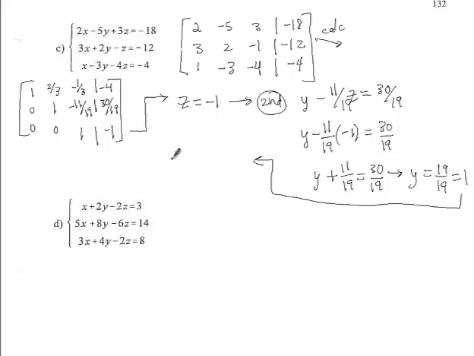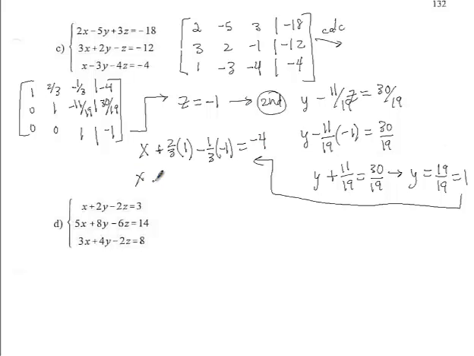A lot better than what I thought it was going to be. Okay. Now we take our y equals 1 and our z equals -1, and we put it in the first equation. So we have x plus 2/3 times the 1 minus 1/3 times the -1 for z. The -1/3 was in the 3rd column, and that's the z. So I multiply that number by z, and I get a -4.